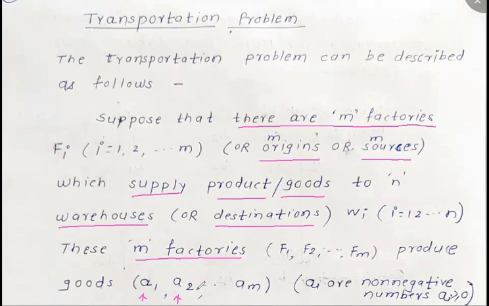What are small A1, A2? These are non-negative numbers and so on. So the last, mth factory produces how many quantity of goods? A suffix M. So A1, A2, A3 to Am denote the quantities of the product produced by these M factories.